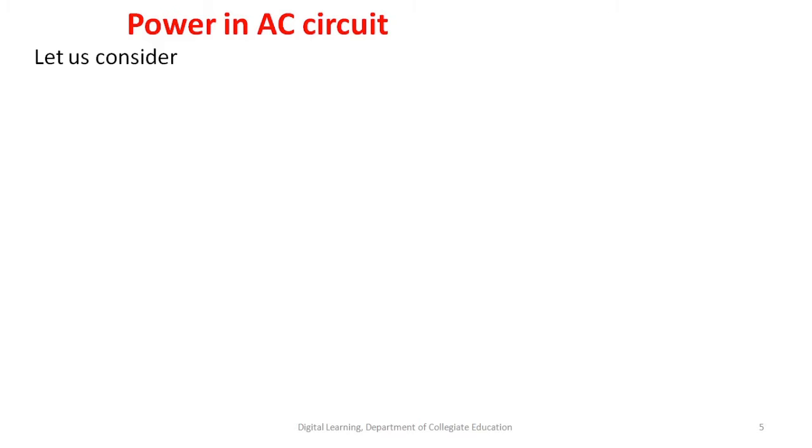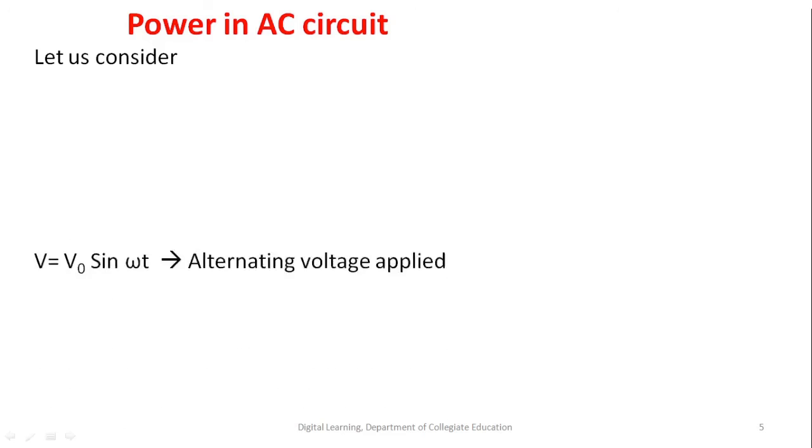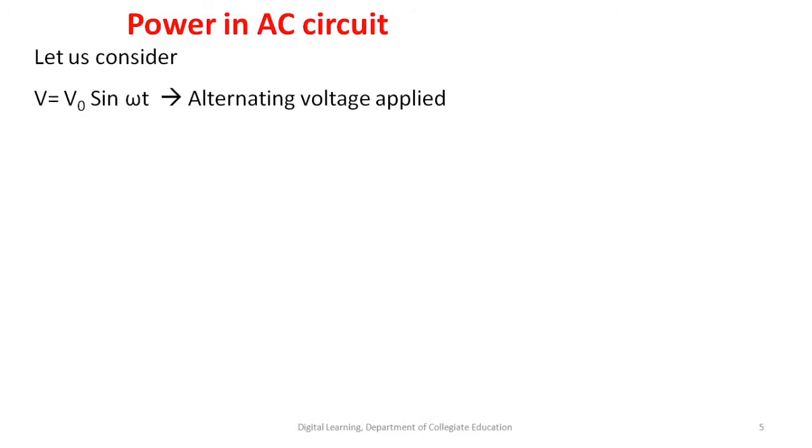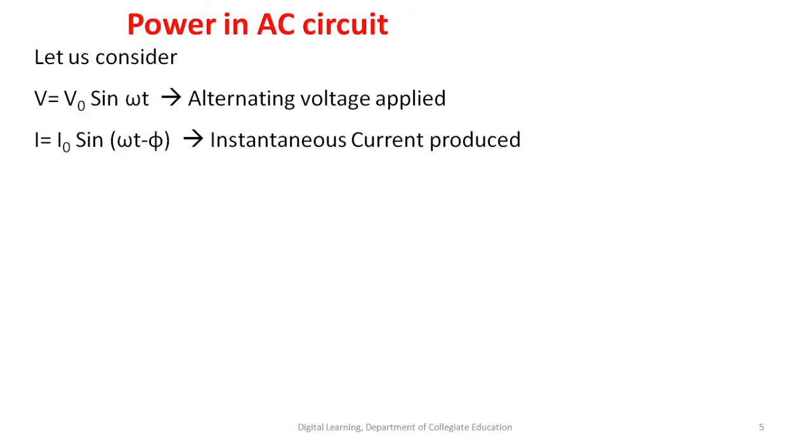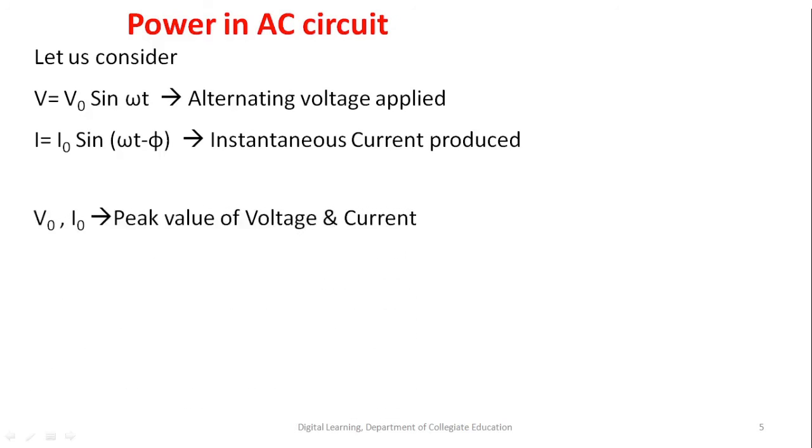To derive the power in an AC circuit, let us consider the alternating voltage applied to the circuit to be V equal to V naught sin omega t, and the instantaneous current produced in the circuit will be I equal to I naught sin omega t minus phi.